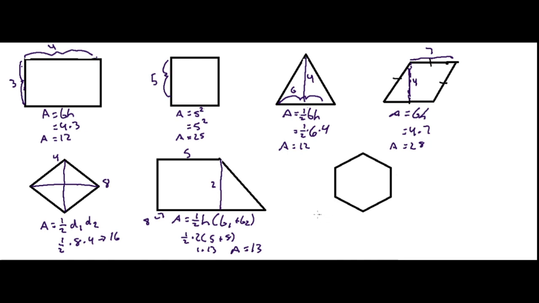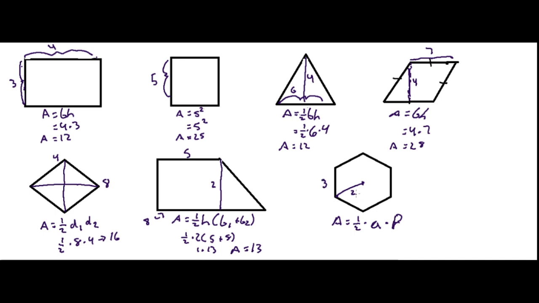So that's going to be equal to 1/2 times the apothem, so let's make that a small a, times the perimeter. The apothem is just the distance from the center to the middle of a side. So let's say that was 2, and then the length of a side was 3.